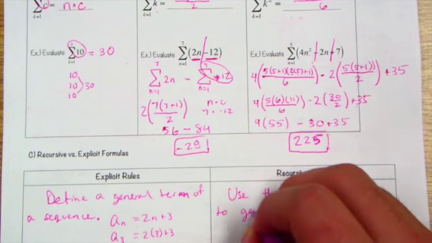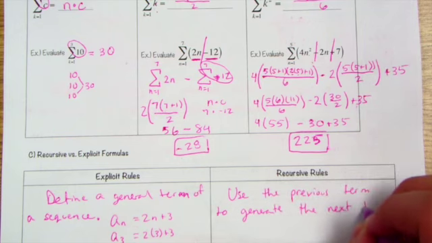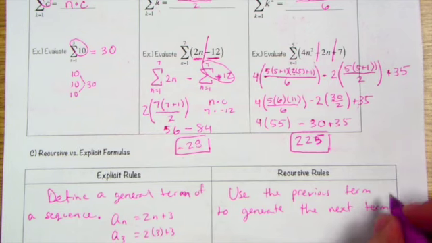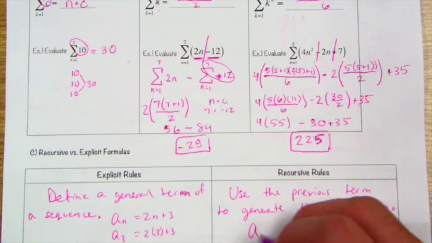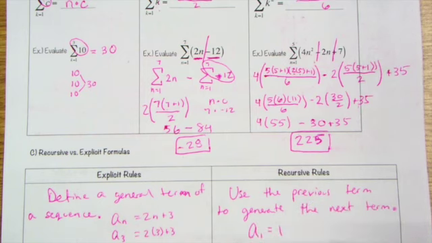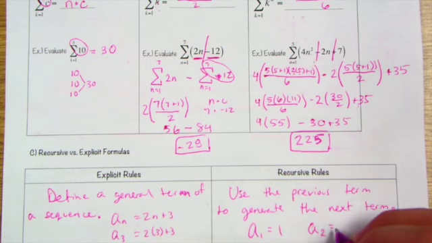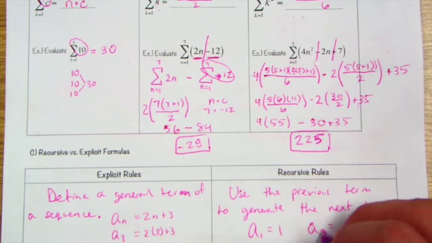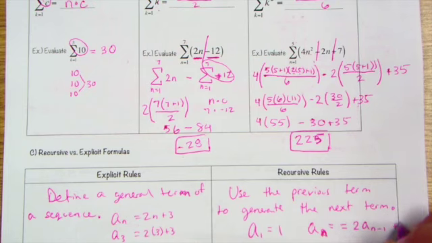to generate the next term. So what that means is I would have to give you the first term, like let's say the first term is 1, and you would get a formula that says a sub n, it'd be any number, a sub n equals 2 a sub n minus 1 plus 3.